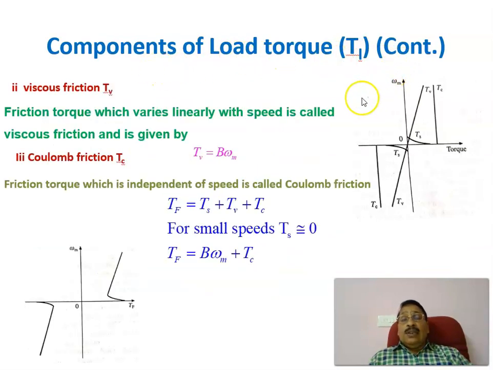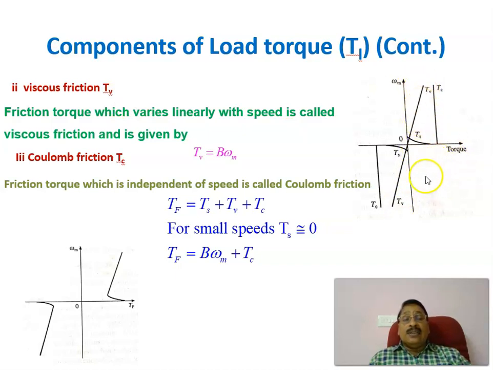Components of load torque. Continuing, in the previous slide I explained static friction, stiction. This one is representing TS, which will be present only during the starting. Second is called viscous friction, TV, shown as the linear variation.